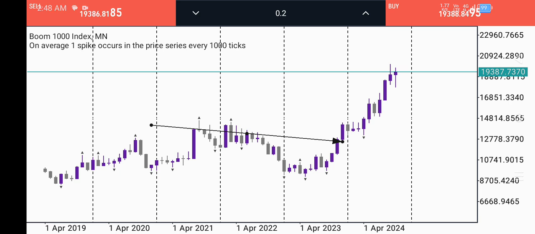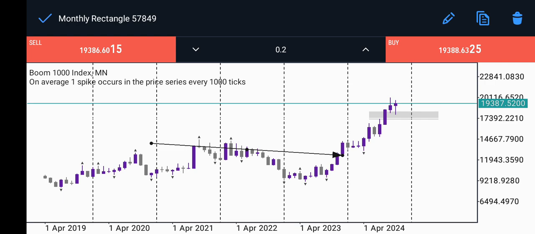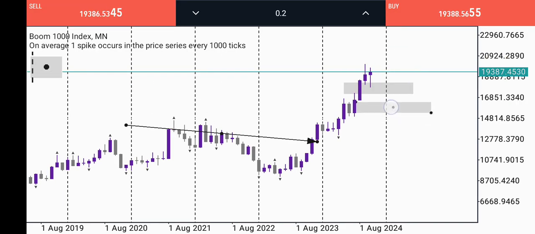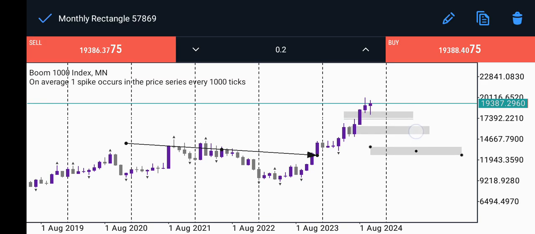FVG, a fair value gap here, which price has been respecting since this month. If price is respecting this particular fair value gap, that means price is still bullish on the higher time frame.